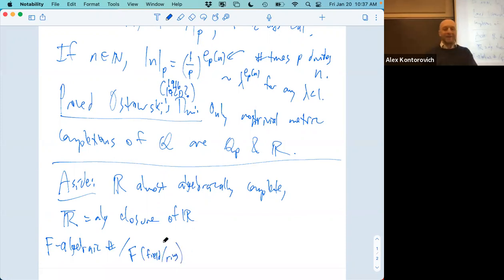Alpha is F-algebraic if, yes, exactly, we want to solve, algebra is about polynomials, right? Polynomial equations. If there exists a polynomial with coefficients in F, such that alpha is a root, that alpha vanishes. So the algebraic closure is you take all solutions to polynomial equations with real coefficients.